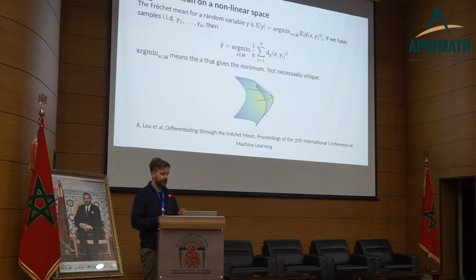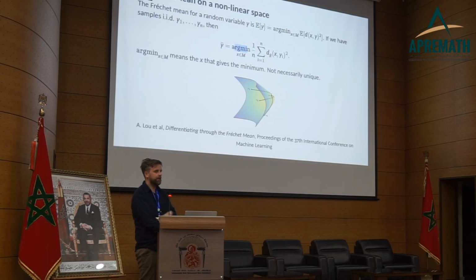Okay, having the distance, we can actually define a mean using this distance. So if I have a collection of points, I take some x, I compute the distance squared, times 1 over n, and then I say that the mean is the value of x that minimizes this function.